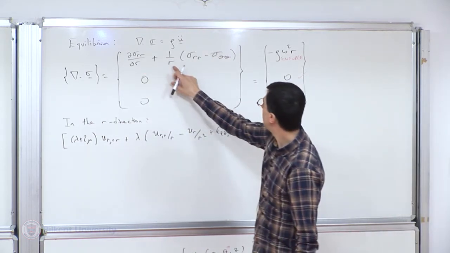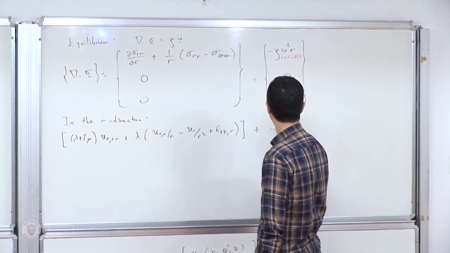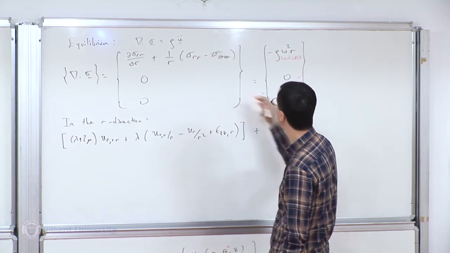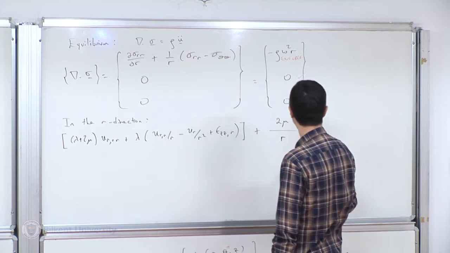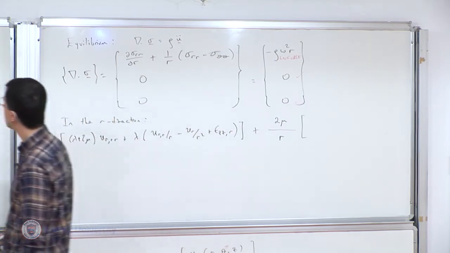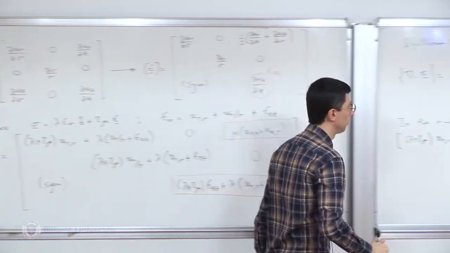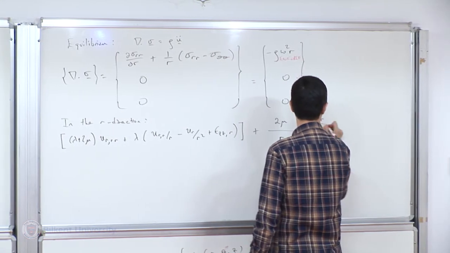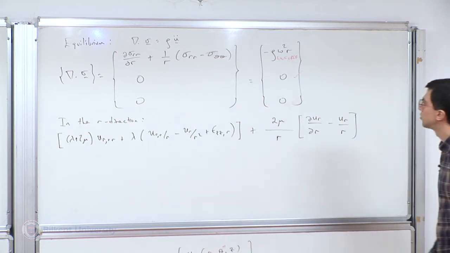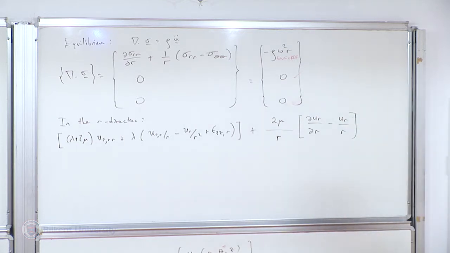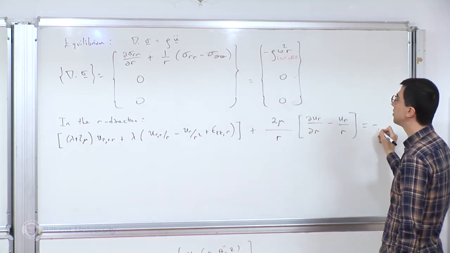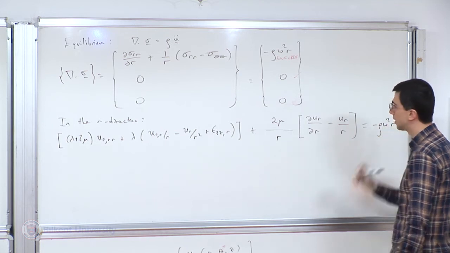And then there is the 1 over r times sigma rr minus sigma theta theta. That's classical. It's always 1 over r times 2 mu, because epsilon zz is in both of them and they cancel each other. So all I have left is 2 mu over r multiplying that minus that. That is the r component of the left-hand side, and on the right-hand side, I have minus rho omega squared r.